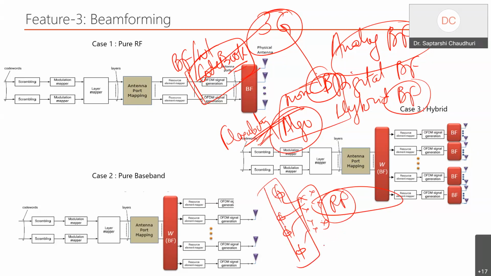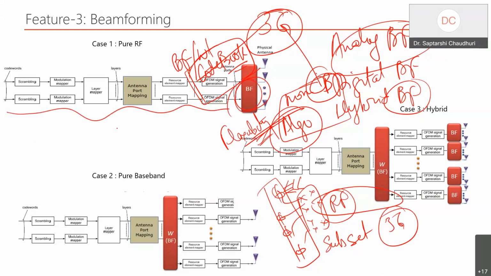So what we have plugged out in 5G is some subset of it, under the purview of the whole 5G network. So the standard doesn't tell how to decide this analog beam weight here. That's what I've written here. So we generate all the symbols from the physical layer point of view.